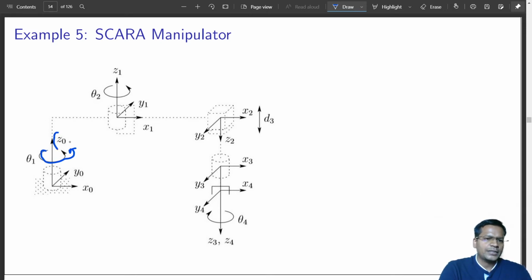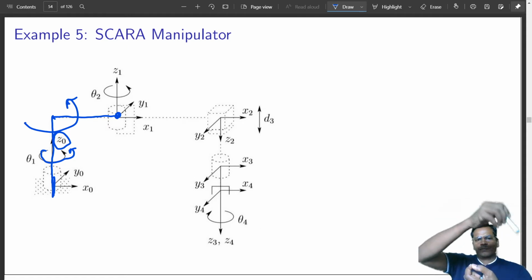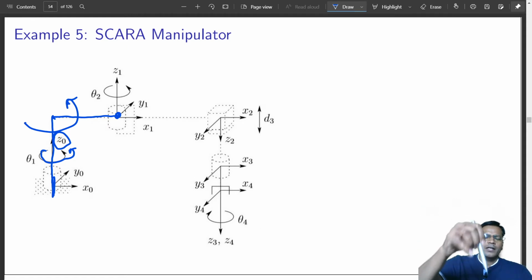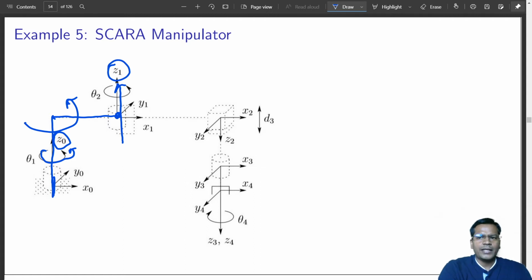That is a vertical axis, z0, about which the first link, which is not a straight link, rotates. It ends here. So this link will rotate in space about this axis and take this point in a circular manner; it can follow a circle. Then you have the second degree of freedom, which is again z1, and it can rotate about this axis in a circular manner by an angle theta 2 and take this point.